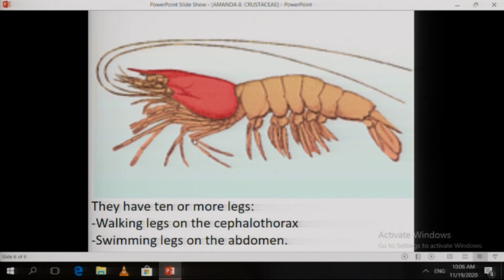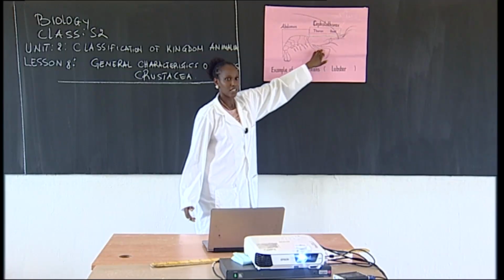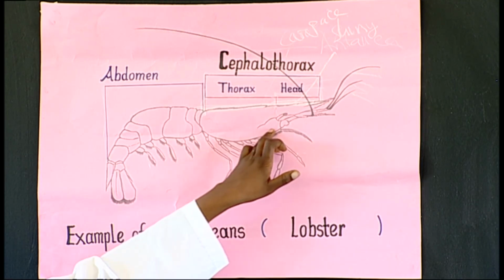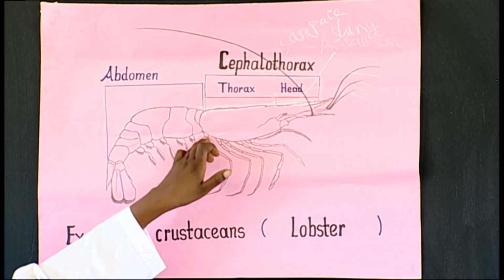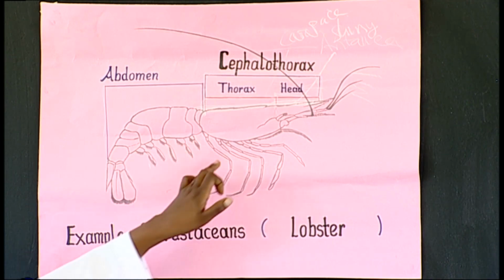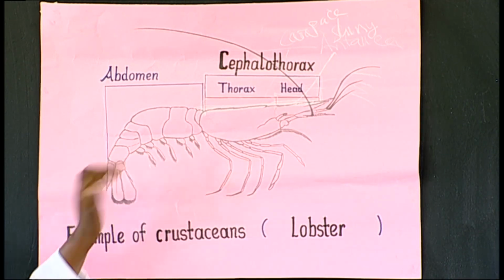And these are also legs there. So we have a lot of legs there. Some are located here, some are located here. Come back here on the manila paper and see. We have some on the cephalothorax and others on the abdomen.